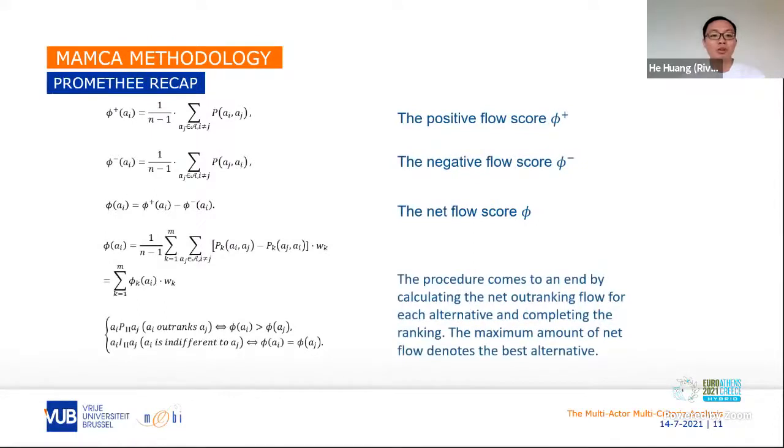PROMETHEE 2, which was used in the MAMCA case, is based on the net flow score phi. The procedure comes to an end by calculating the net outranking flow for each alternative and completing the ranking. The maximum net flow denotes the best alternative.